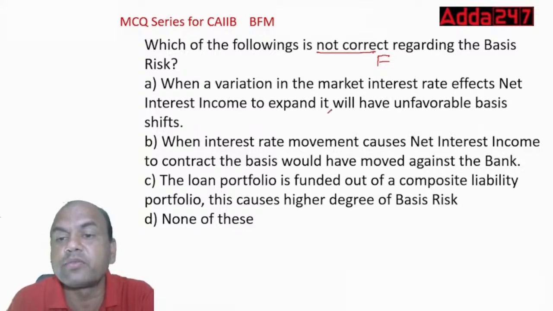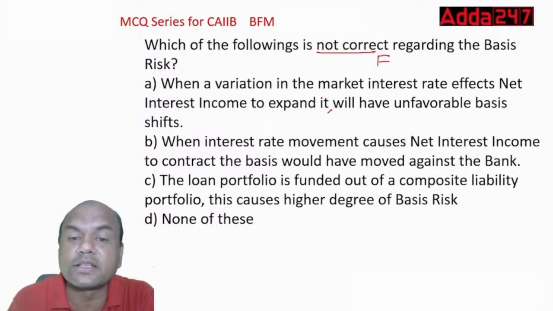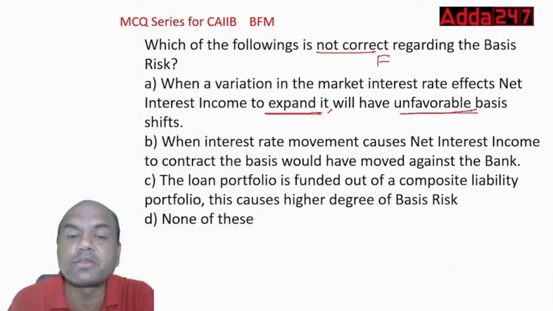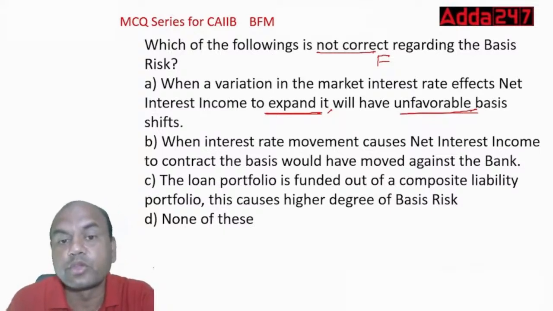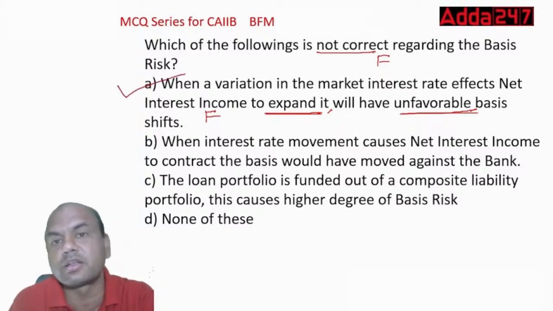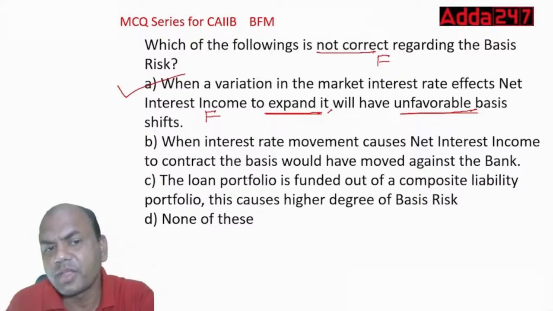So net interest income is expanded, so it will have unfavorable. Expanded means what? My net interest income is increased. So if it is increased, then is it unfavorable for me? So that is false, obviously, isn't it? So this is gone. So A is the only answer. Don't even look at B and C, because all of these is not the option.